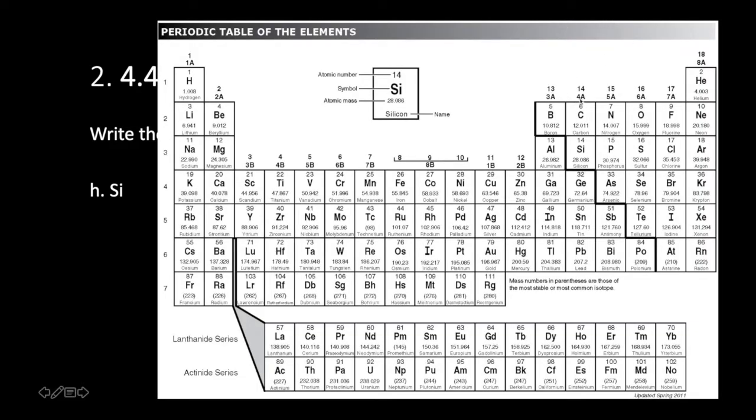And if you notice on the periodic table, Si, silicon, is just below carbon, so they share a lot of properties. Anything in the same column tends to share properties, but silicon and carbon are not just in the same column, they're right next to each other. So that would be silicon, Si.